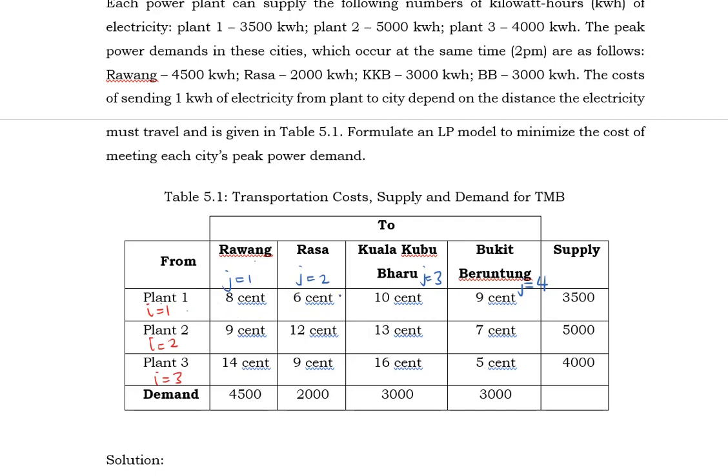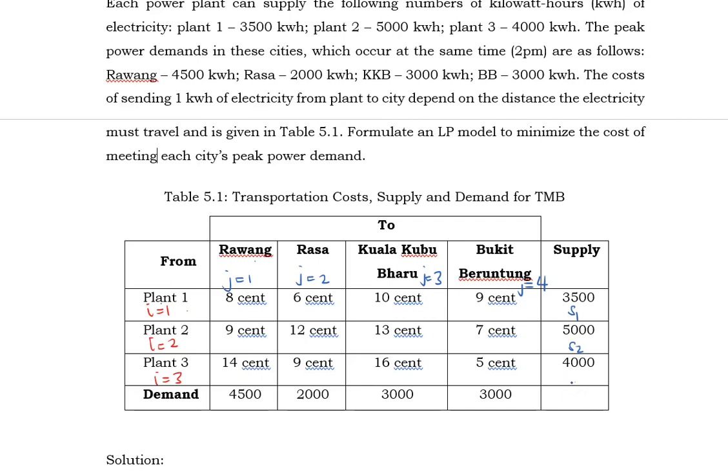And 6 cents is the cost to deliver 1 kilowatt hour from plant 1 to Rasa. This is the supply unit from plant 1. 5,000 is the supply unit from plant 2.